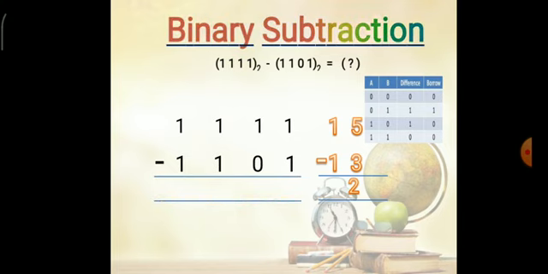Solve the first column from the right hand side. 1 minus 1, according to the rules, the difference is 0.